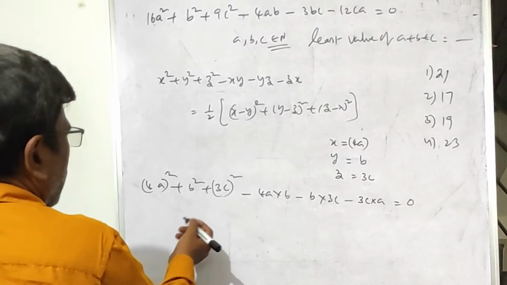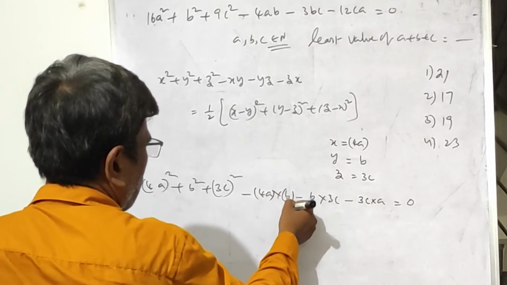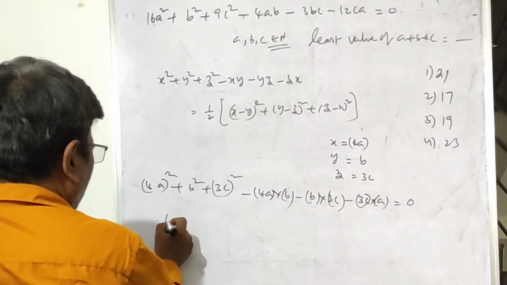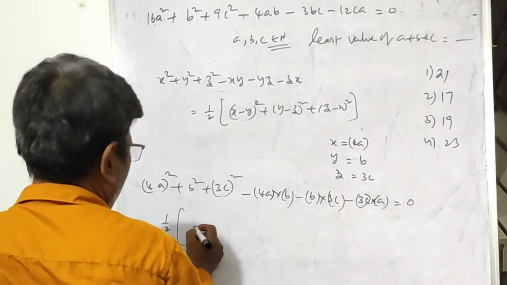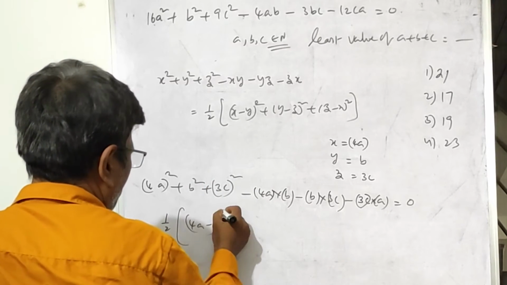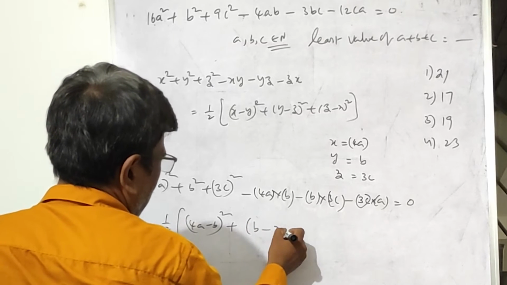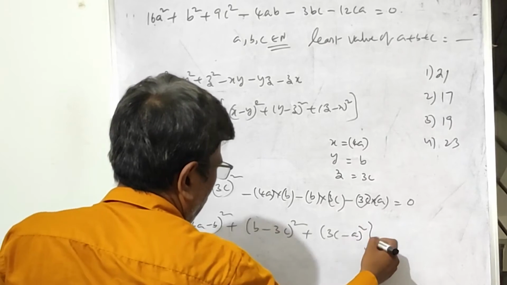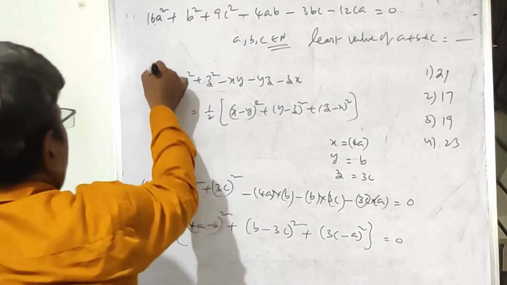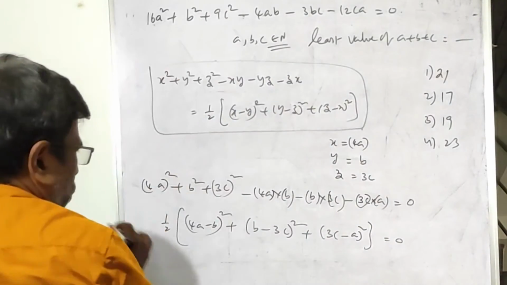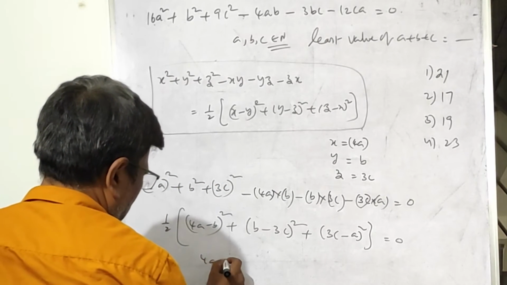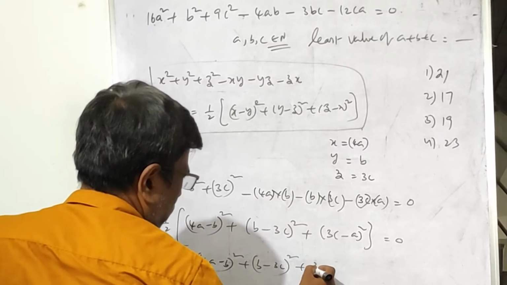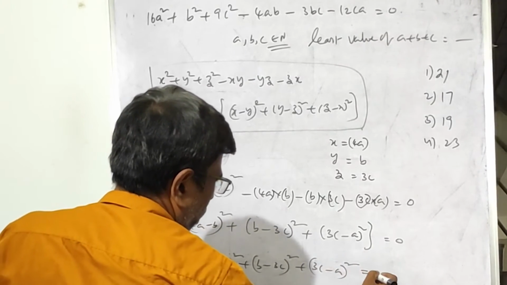In this one, again the same concept. Remember this, this is the formula. Observe that half into (4a minus b) whole square plus (b minus 3c) whole square plus (3c minus a) whole square equals 0. So here is the base of our first formula. Then (4a minus b) whole square plus (b minus 3c) whole square plus (3c minus a) whole square equals 0.